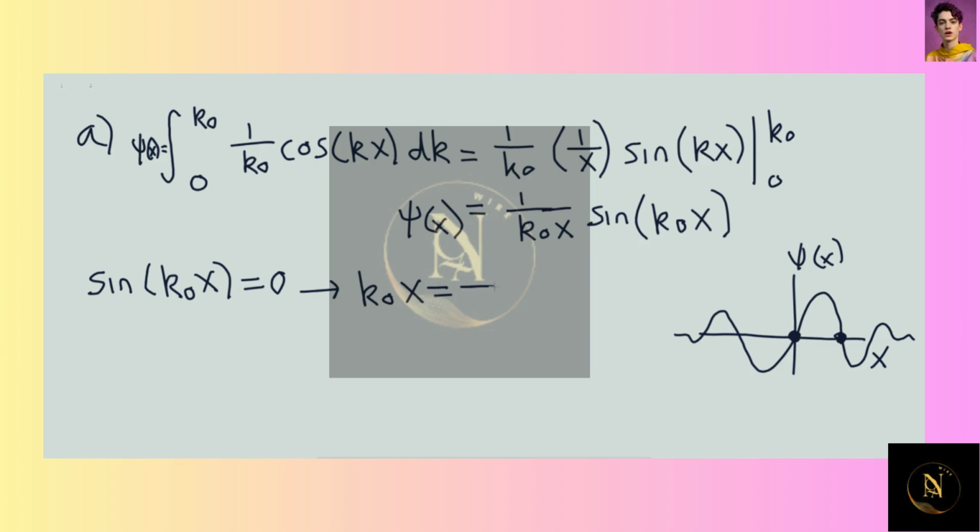Thus when x is pi over k naught. So this width between x equals 0 and x equals pi over k naught, these two points right there, would be pi over 2 pi over L, or we can leave it that way. It's just going to be pi over k naught.